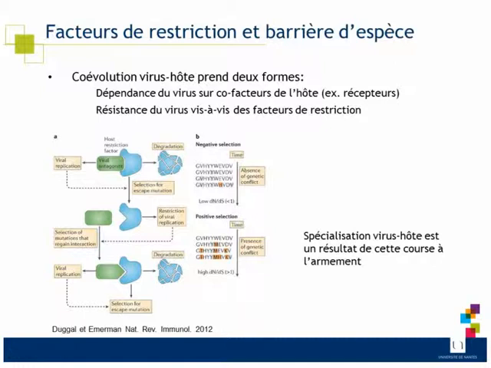Okay, so this leads me to the last point on restriction factors, and that is that the restriction factors are an important part of host virus coevolution. So one part of it is that viruses are dependent on the cofactors of the host. So for example, the cell receptors might be variable in a population, and the virus has got to adapt to that.